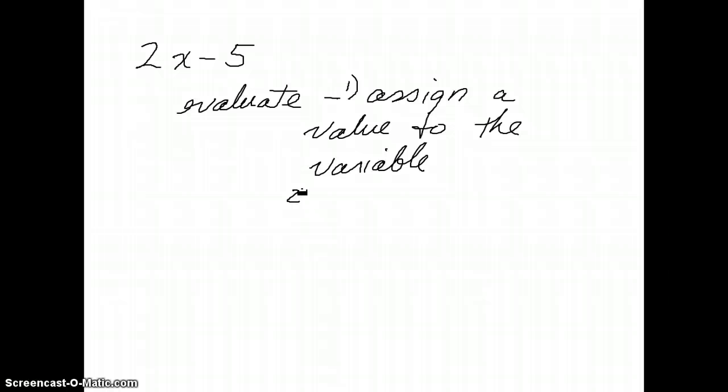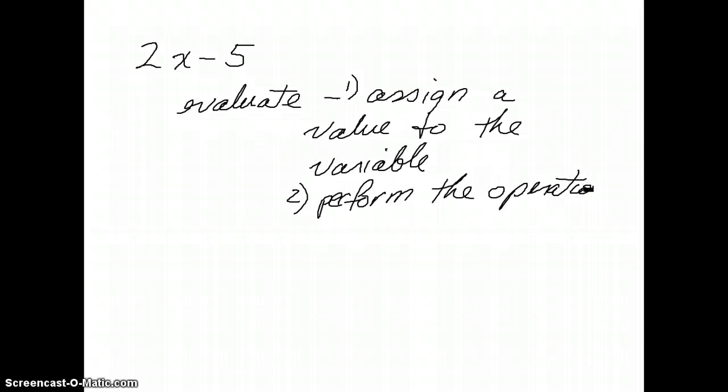And then the second thing I do is perform the operations. All right, so 2x minus 5 at, say, x is equal to, well, it's a variable, so I'll pick 7. Nice number.